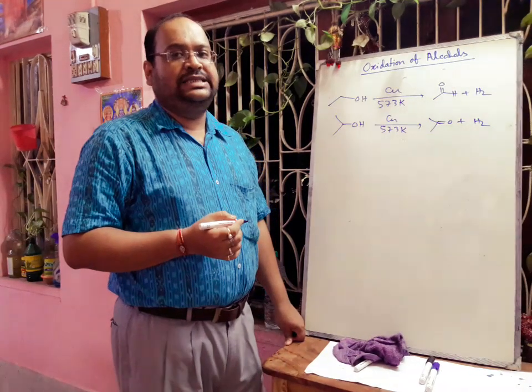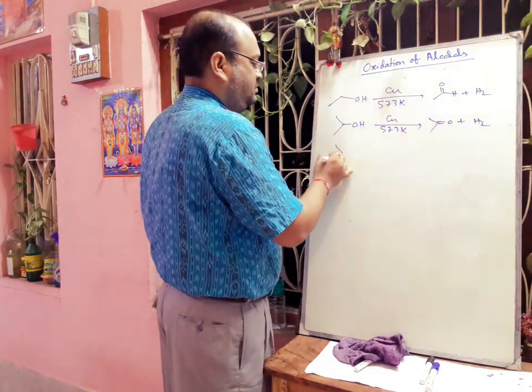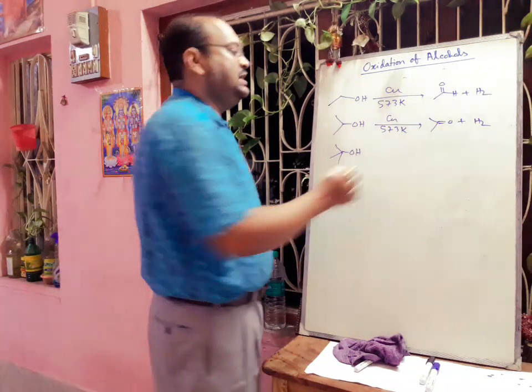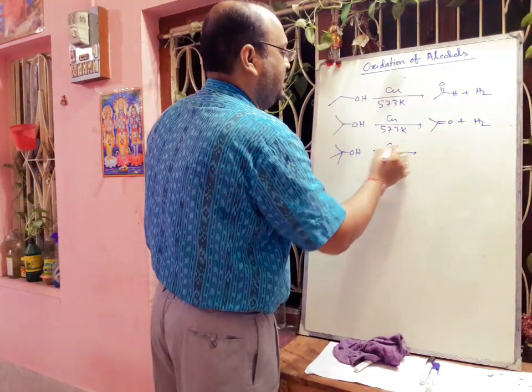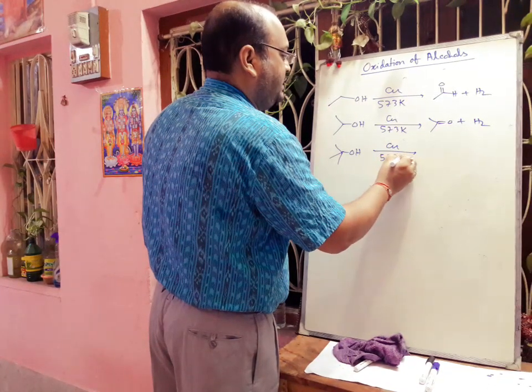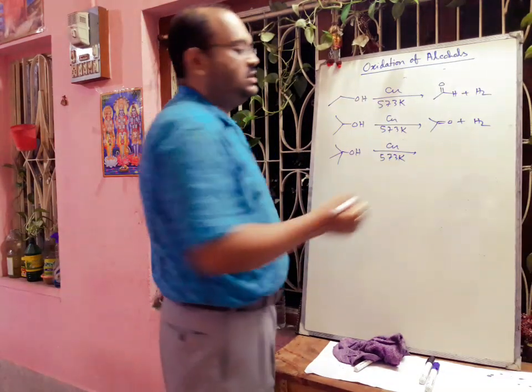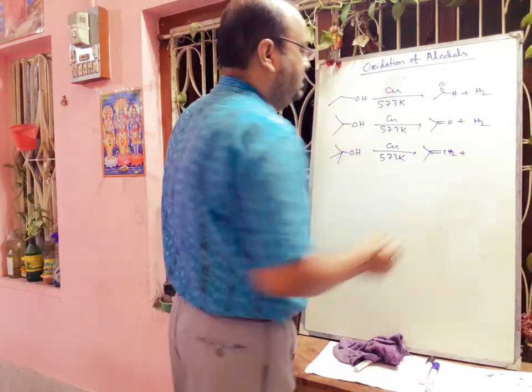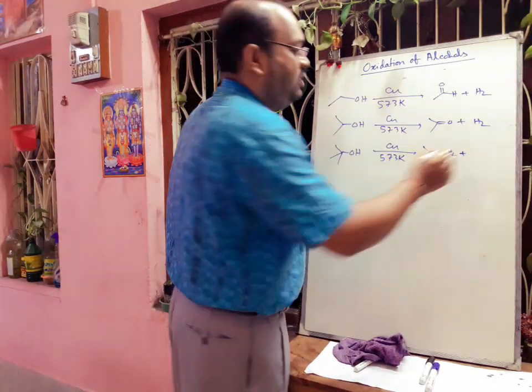But if we take tertiary alcohol and apply the same reagent at the same condition, that means copper and 573 Kelvin, that will produce the corresponding alkene, plus there will be elimination of water.